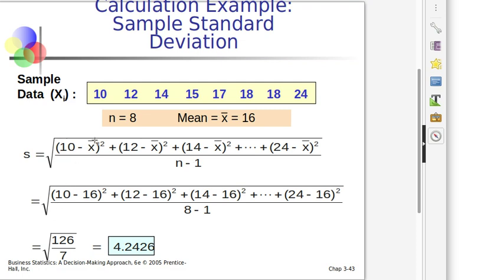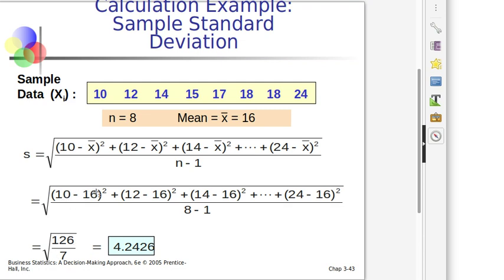Here, by substitution, the mean is 16. So 10 minus 16, plus 12 minus 16, plus 14 minus 16, plus up to 24 minus 16, each squared. If you add all those, it is 126.